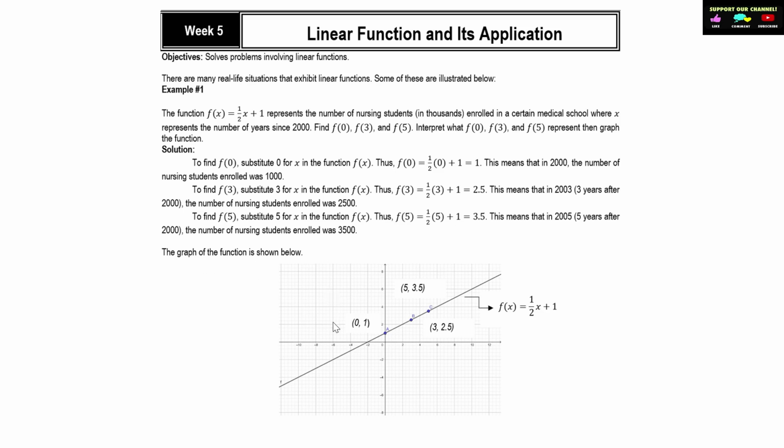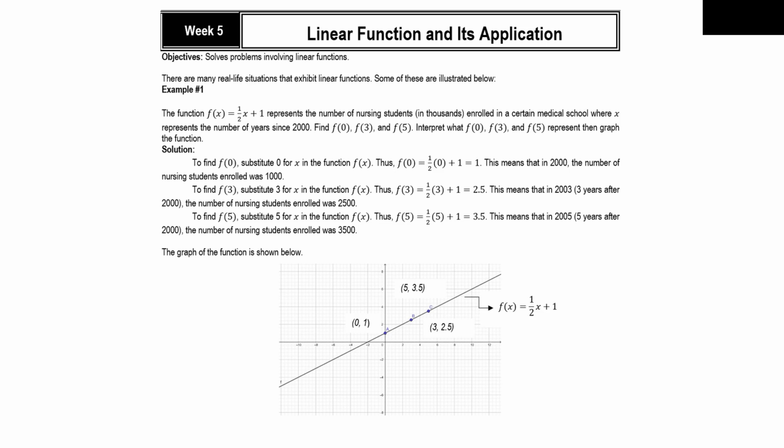So this is now the graph. So when x is 0, our y, or the value of the function, is 1. So that is 0, 1, lying on the y-axis. When x is 3, the value of y is 2.5. So is now the point 3, 2.5 located at quadrant 1.